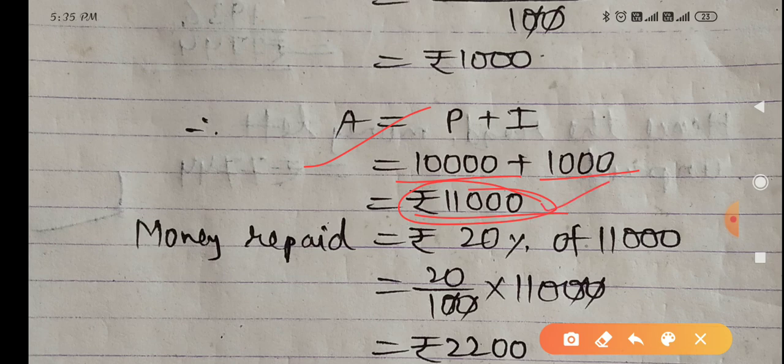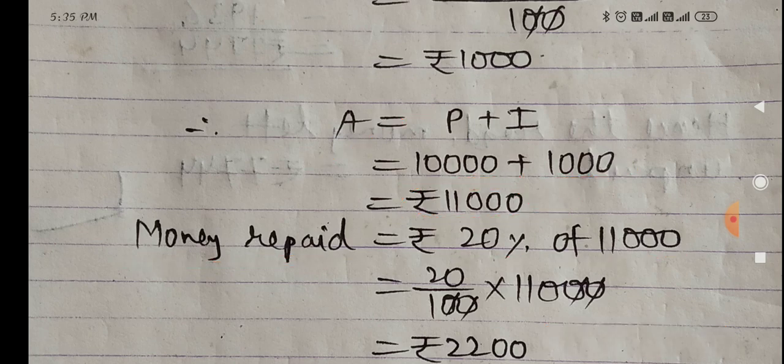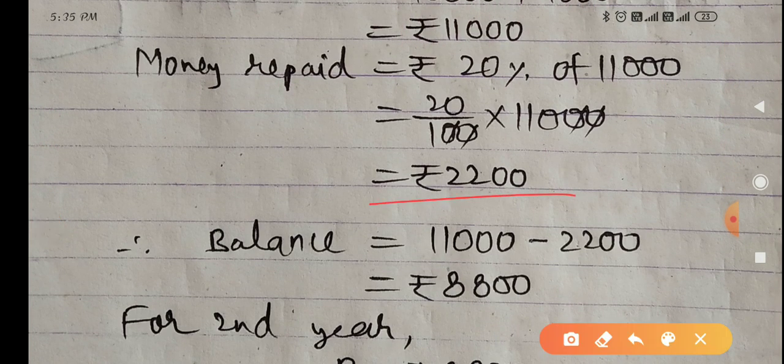From this amount he is paying 20%. So money repaid is 20% of 11,000, which is 2,200.